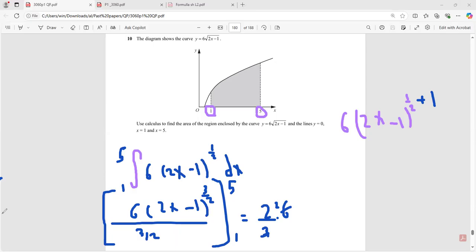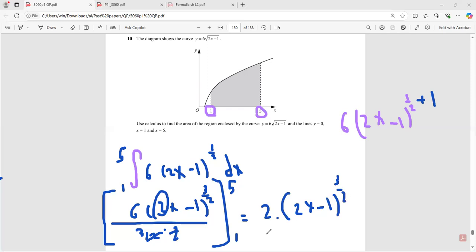We're going to multiply it by 2, then cancel this because inside the bracket the derivative is 2, so dividing by 3. So 6 dividing by 3 is equal to 2 from the beginning. So it is 2 multiplied by (2x minus 1) all to the power 3 out of 2.